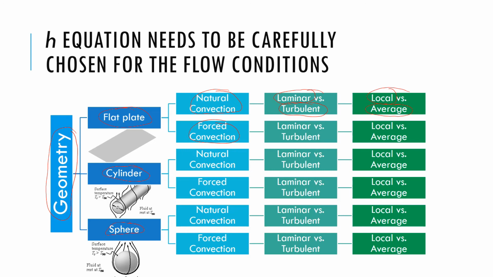So when we're trying to choose an equation for H, we have to be extremely careful because H really takes care of all of these effects: the geometry effects, the type of flow, the nature, laminar or turbulent, and everything.